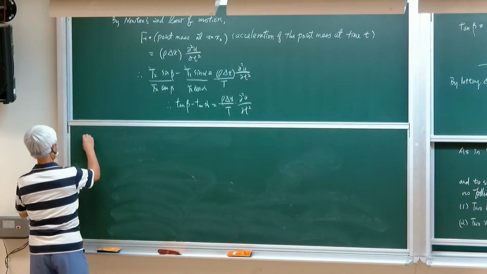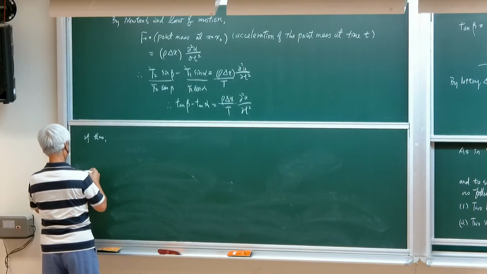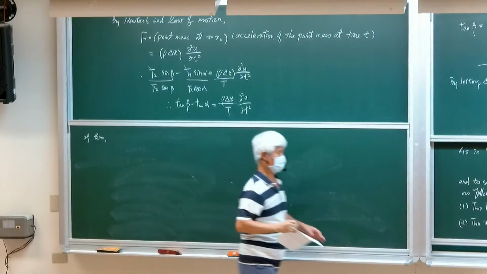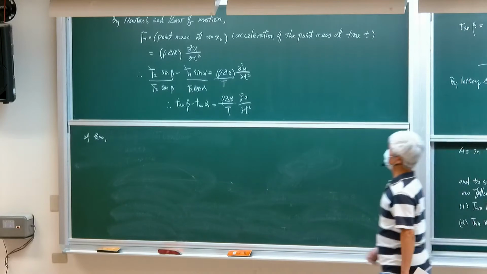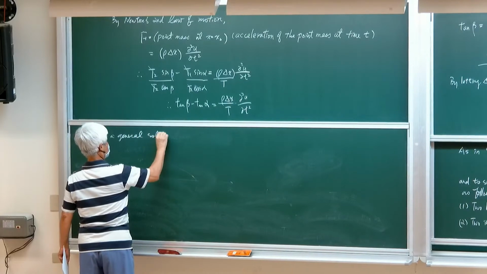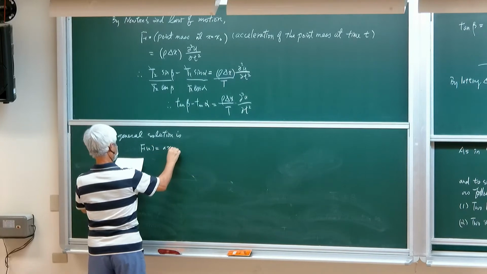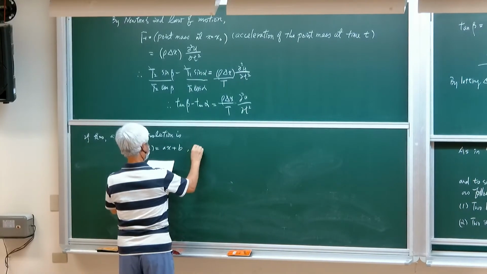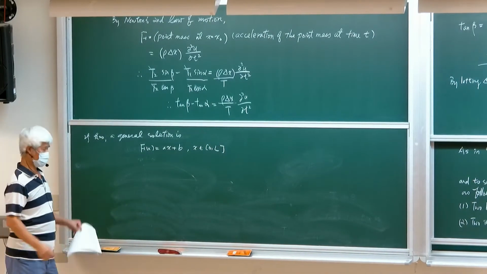If k equals 0, a general solution is f(x) equal to ax plus b. So if k is 0, then we have a linear solution.